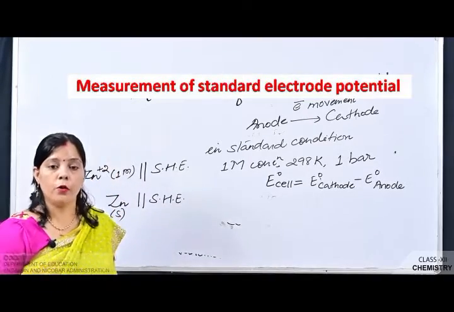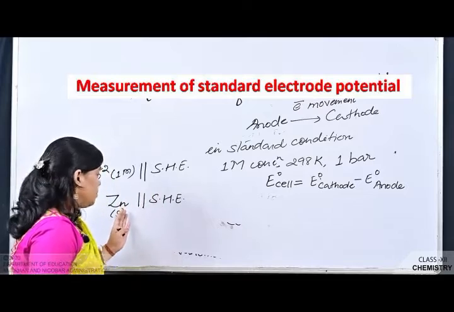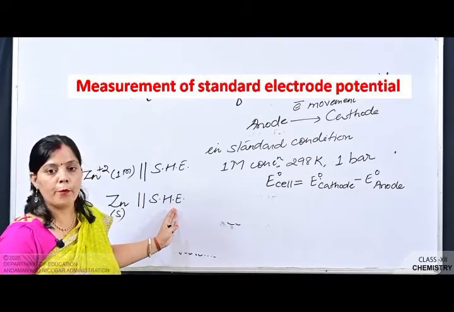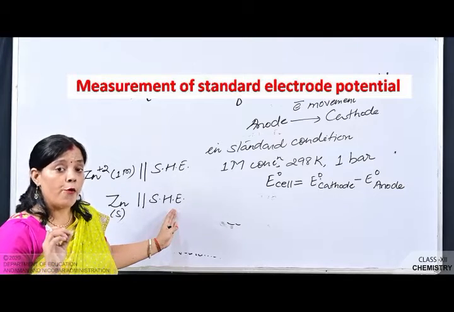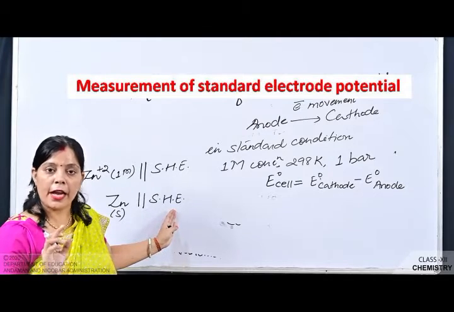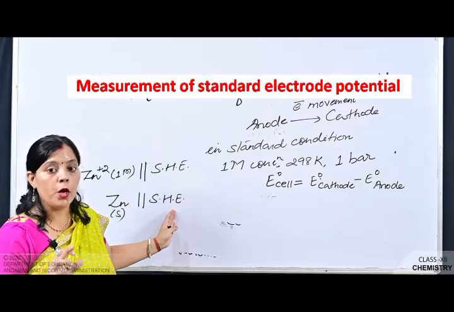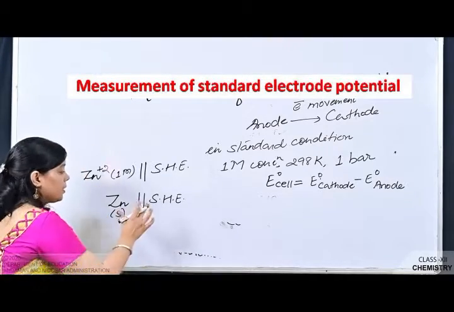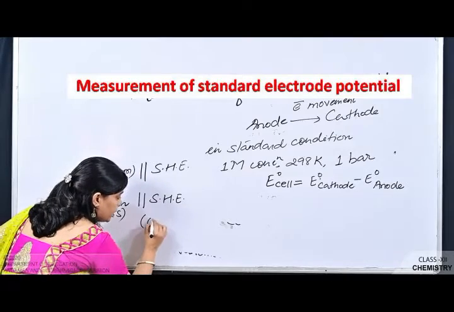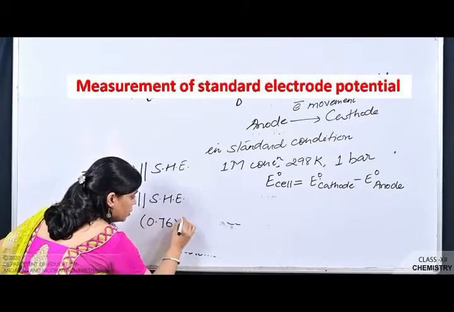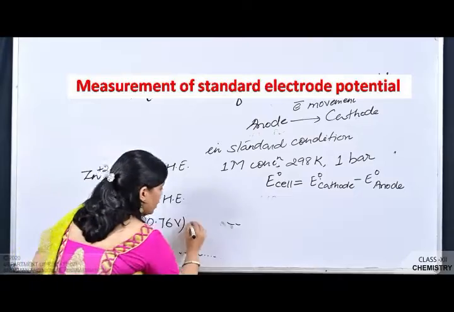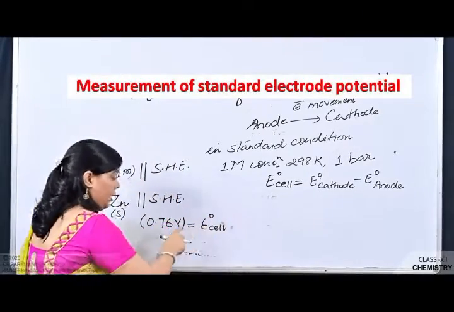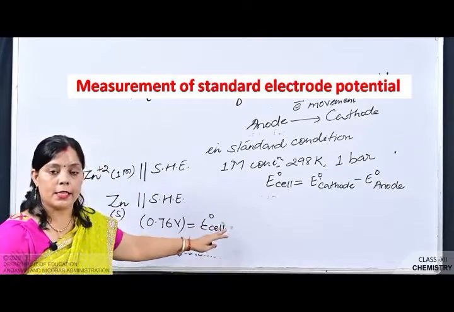So students, we found that when the zinc electrode is attached to the standard hydrogen electrode with the help of a potentiometer or a vacuum tube voltmeter, the voltmeter shows the potential difference, and the reading shows that in this circuit the voltage is about 0.76 volt. So we know the E cell naught, the electrode potential of the cell in the standard condition.